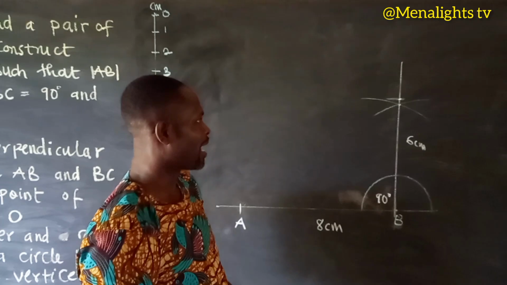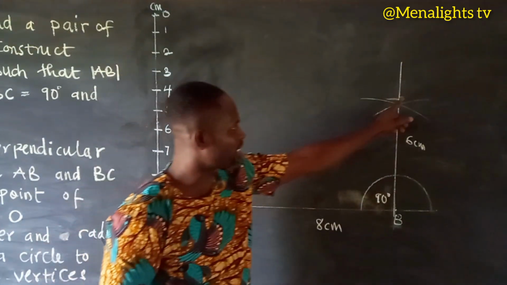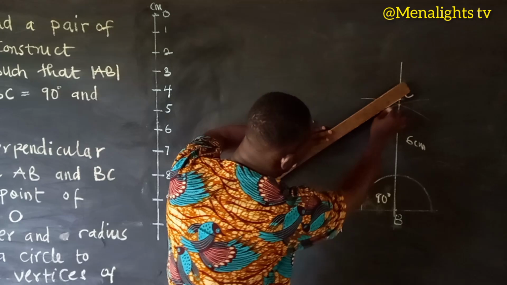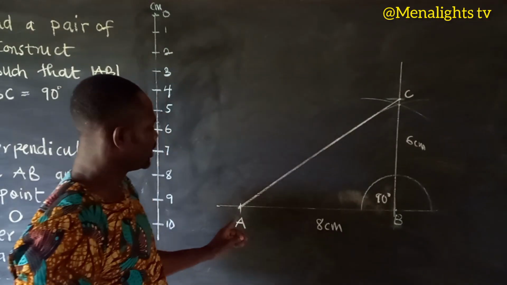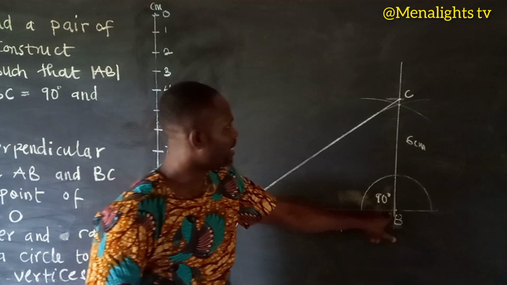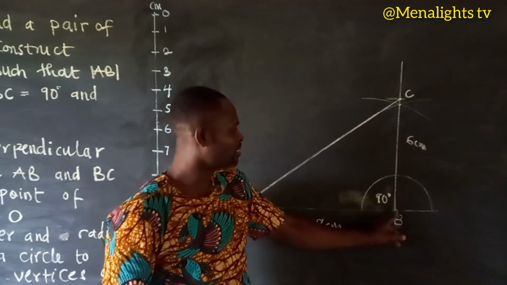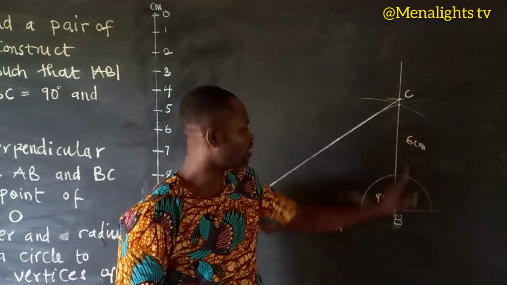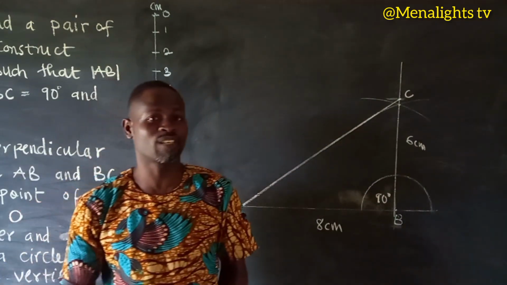Then I have to join C to A, the distance from C to A. So this is A, B, and C. The angle here is 90 degrees, and the distance BC is 6 centimeters.